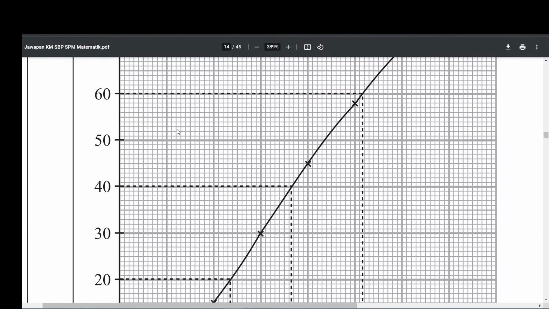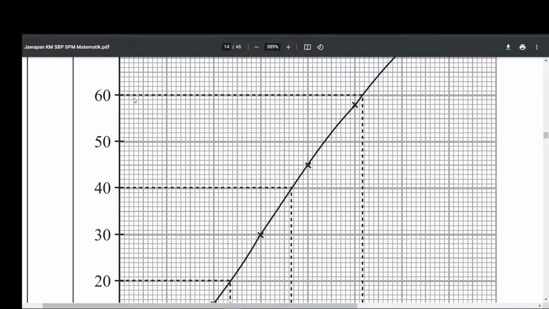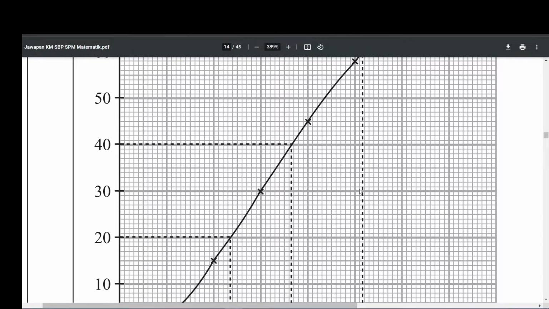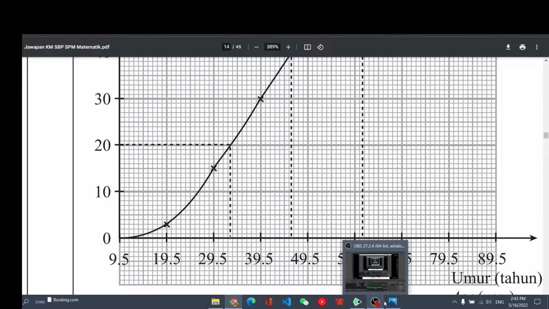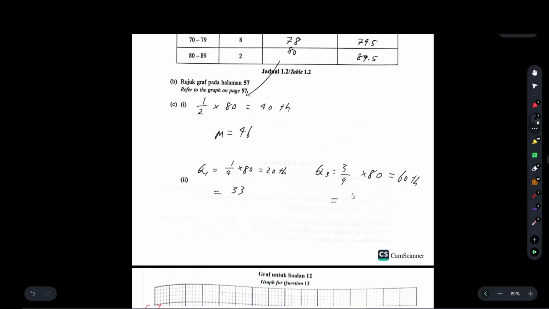Q3 is 60, y equals 60. It goes to the right, touches the graph, goes down, and lands between 60.5 and 61.5, and that gives us 61. So the interquartile range is Q3 minus Q1, 61 minus 33, and we will have 28.